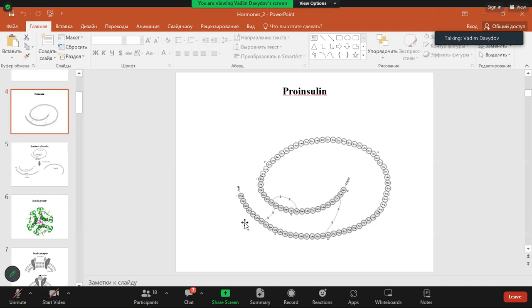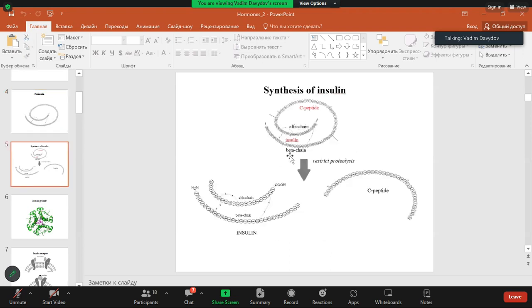It's an enzyme-catalyzed process. Proinsulin, like preproinsulin, is a protein which consists of only one polypeptide chain. This polypeptide does not possess any property of a hormone. It's not a biologically active peptide. But proinsulin later may undergo transformation into insulin.